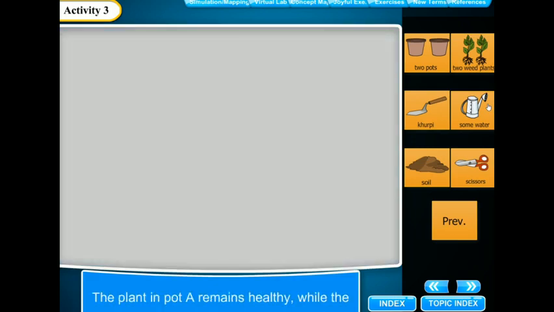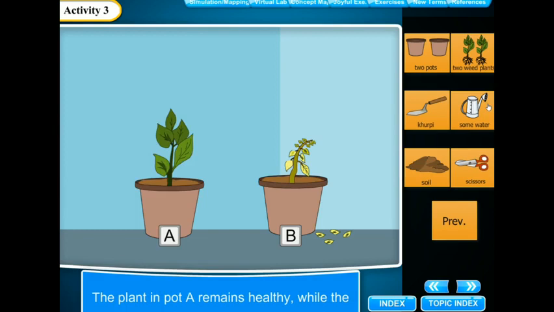Observation: the wheat plant in pot A remains healthy, while the wheat plant in pot B dries up. Conclusion: in plants, roots are essential for the absorption of water and mineral salts from the soil.